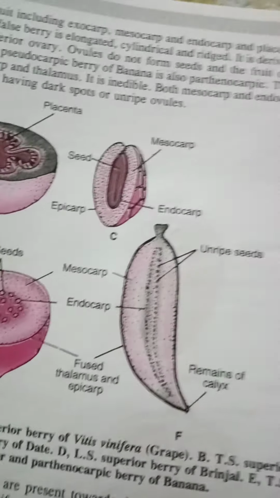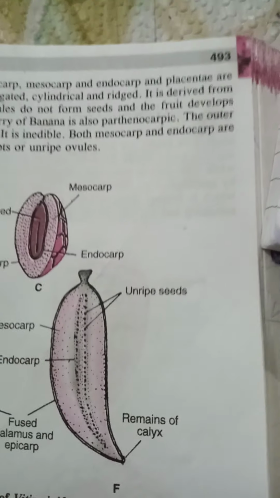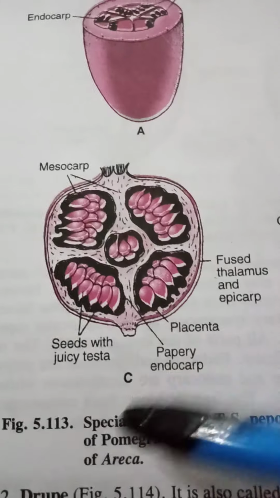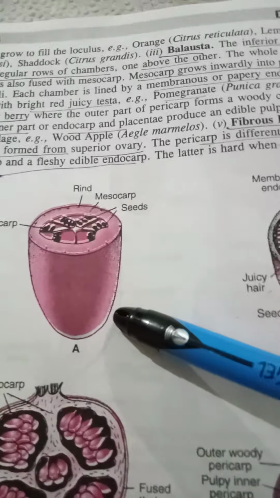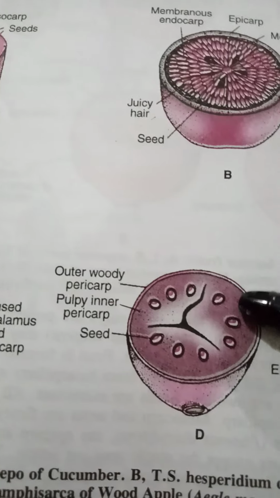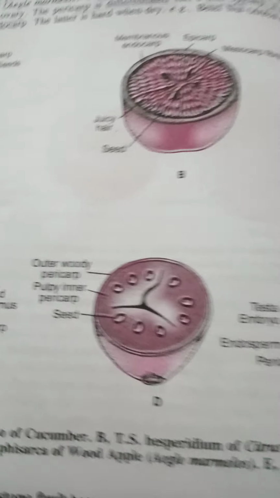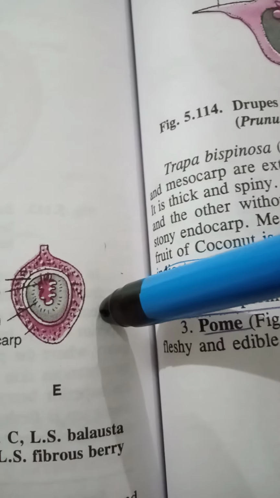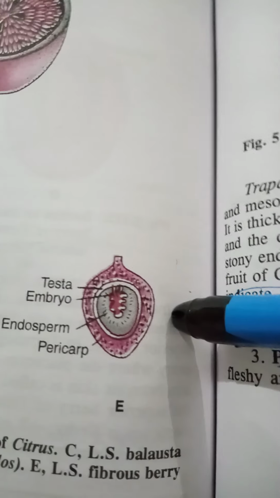Then the amphisarca, which is a superior berry. As you can see, this is the balausta, this is pepo, this is hesperidium type. Then this is the amphisarca, and the last one is the fibrous berry, which is observed in case of betel nut.